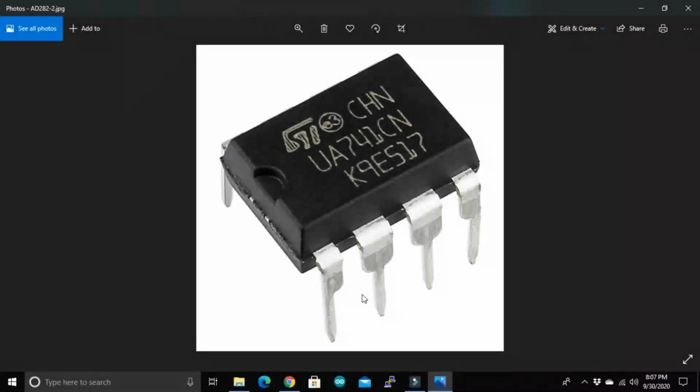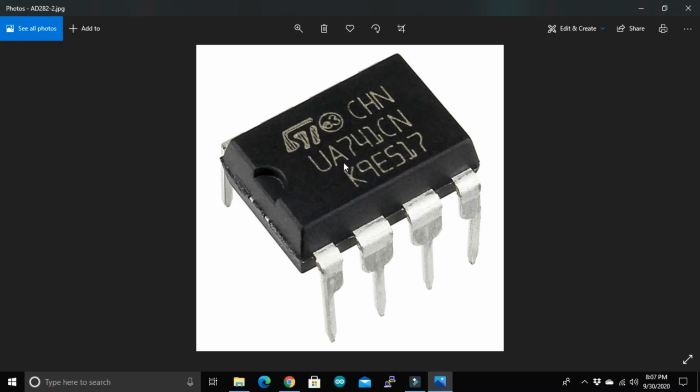Each op-amp, along with its number, has prefix letters, two letters, and suffix letters as well. They give some information about the op-amp. The prefix letters of the 741 op-amp give you information about the manufacturer.